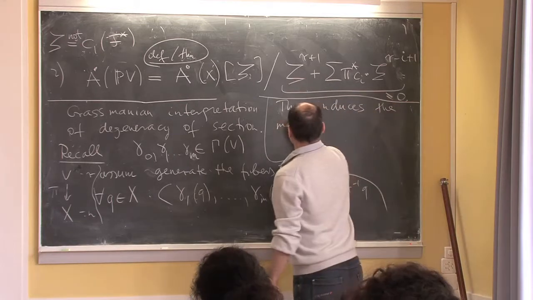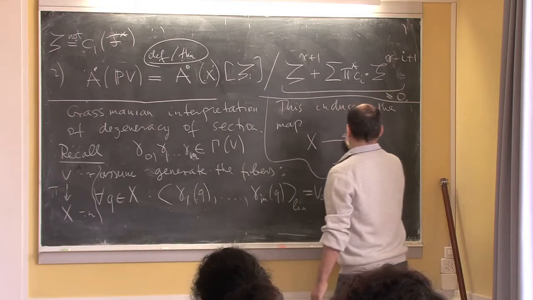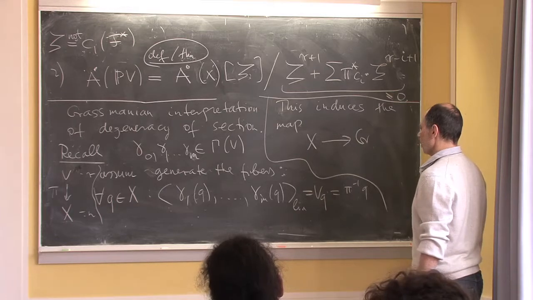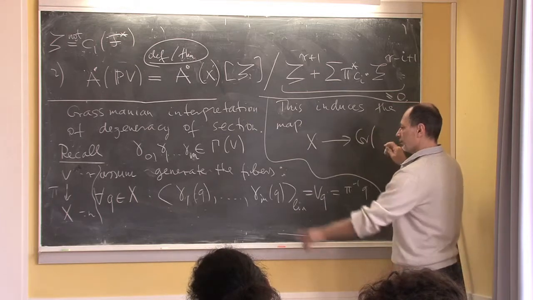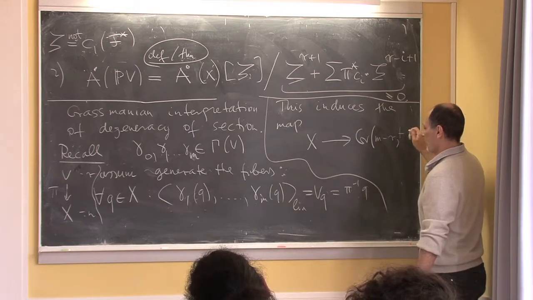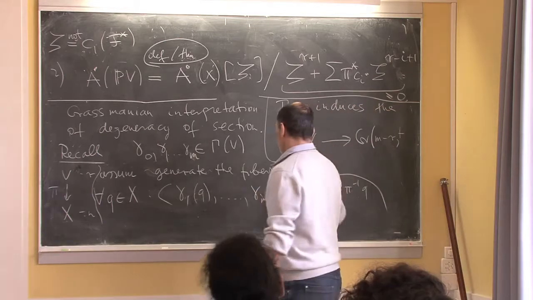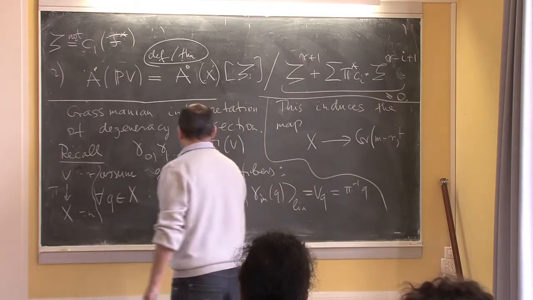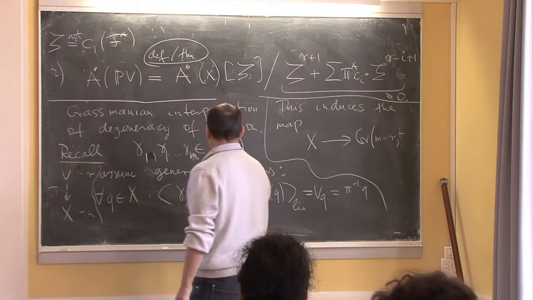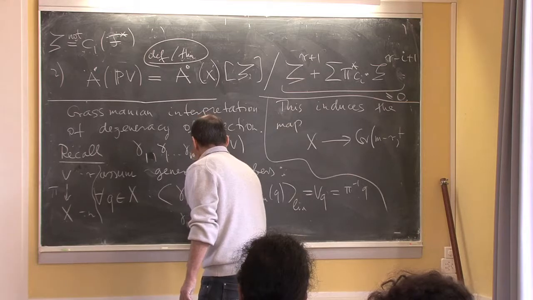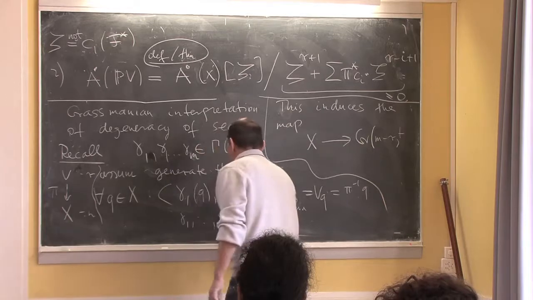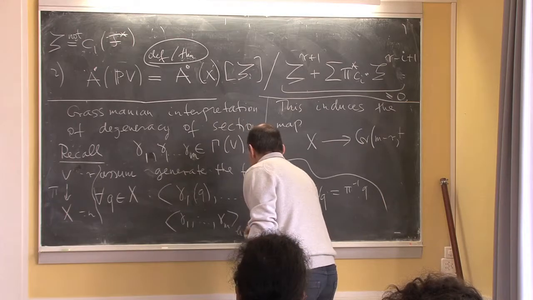the map X going to the Grassmannian of m minus r planes in the space of, so let's look at the linear span of these things.